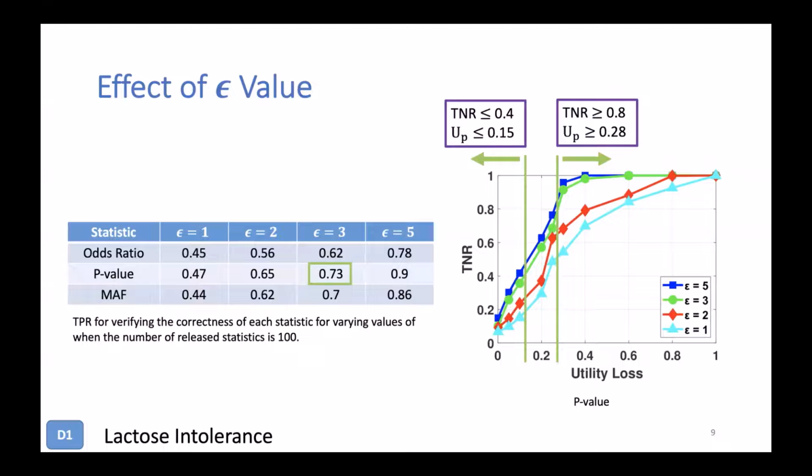In other words, the returned p-value still preserves a high utility. Plus, the proposed framework successfully detects when a weakly associated SNP is reported to have a low p-value and vice versa. We obtain similar results for the other two datasets and statistics.